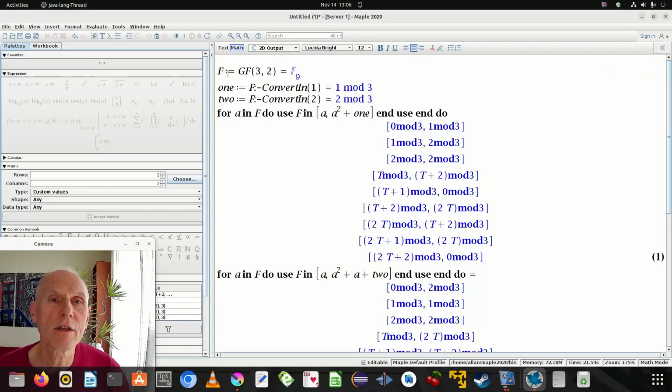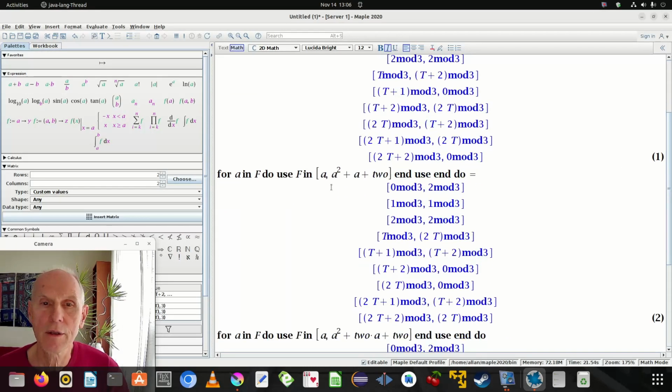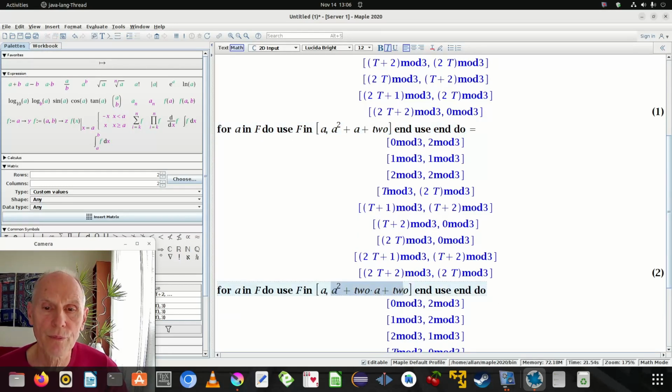I've here defined the Galois field of 9 elements, and in order to make the computations of various polynomials, I define 1 and 2 members of the field of 3 elements, and then we can compute the 3 prime polynomials over F3.